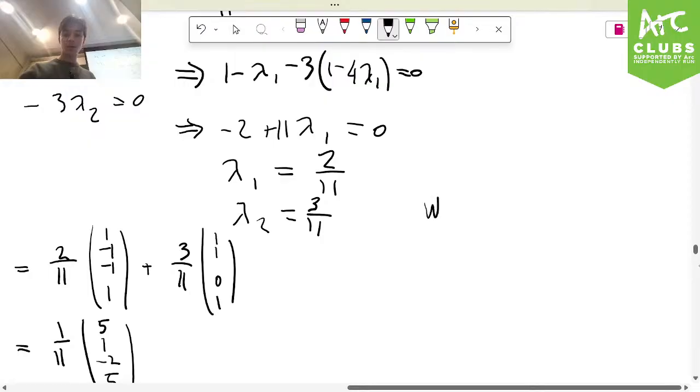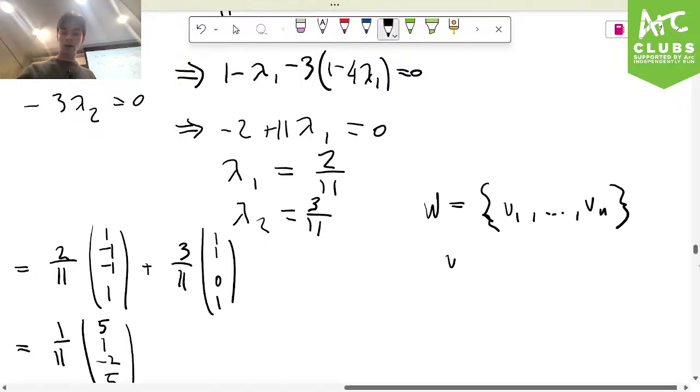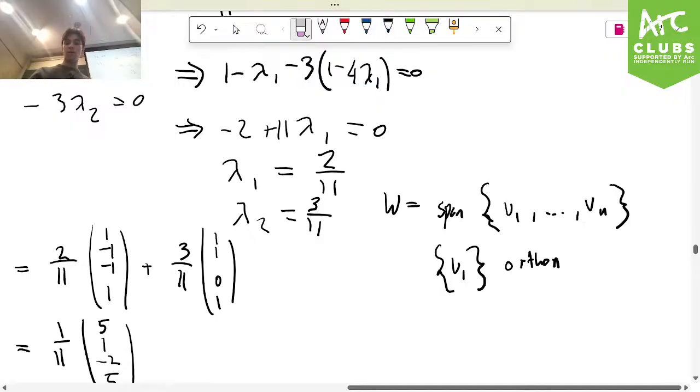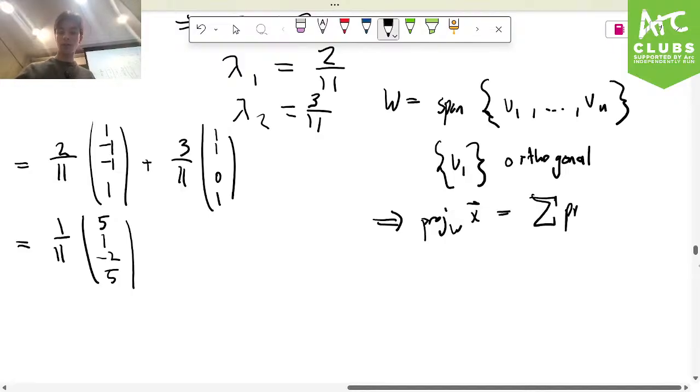Like if your W is a span of a set of vectors v1 to vn, where this set is orthonormal or even orthogonal, then the projection of a vector x onto W would just be equal to the sum of its projections onto the vectors that you're given, because they're orthogonal.